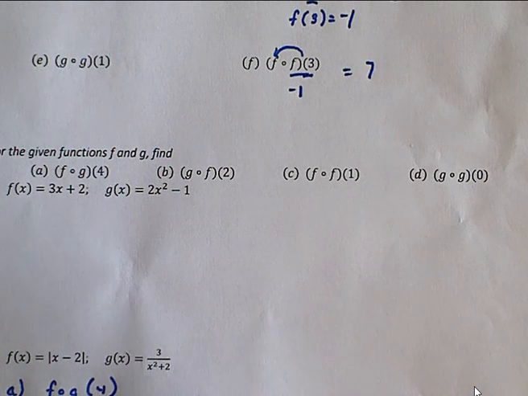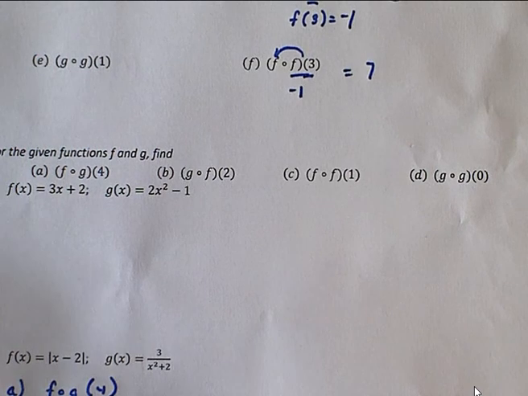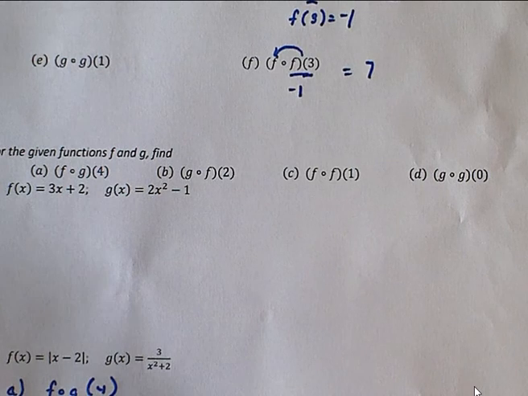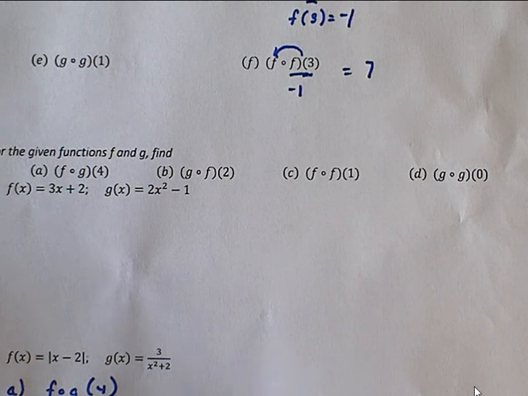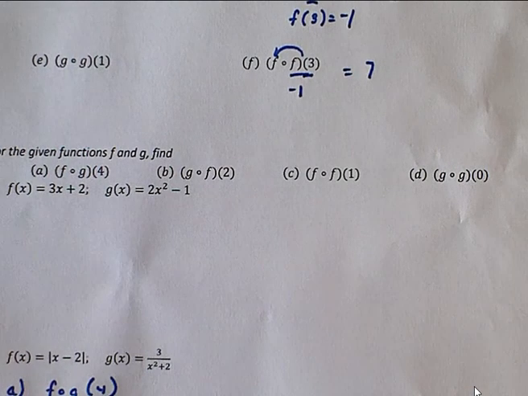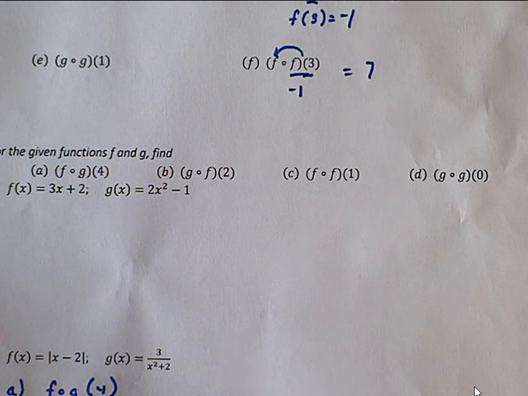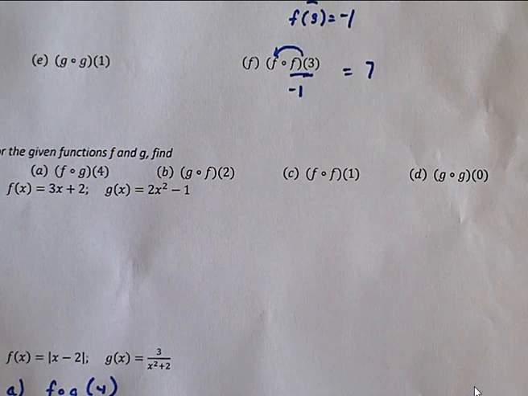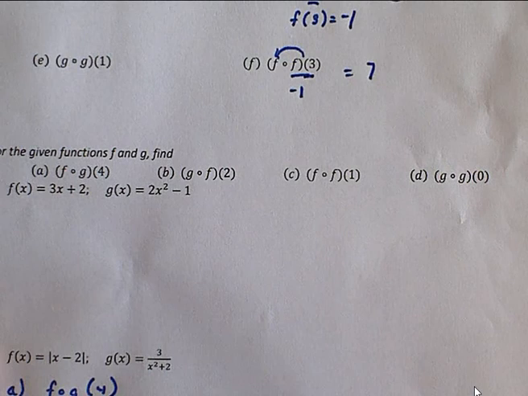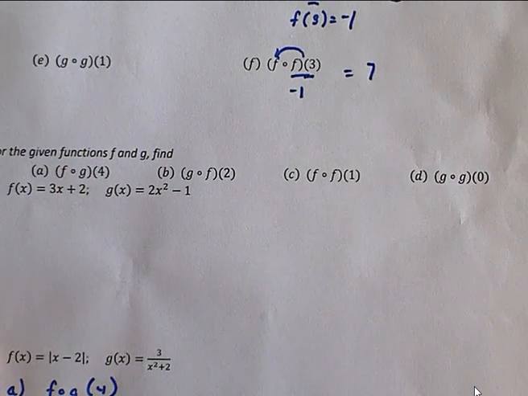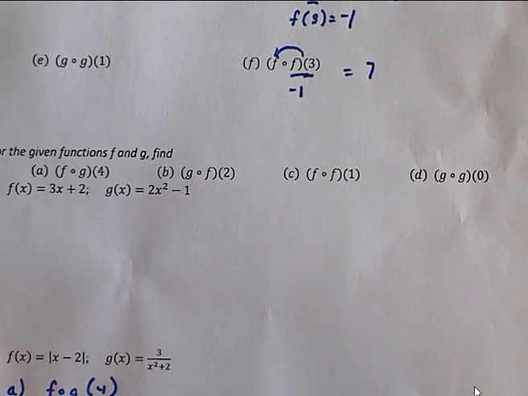You get 3 over 4 squared plus 2, which is 3 over 18, which is 1 over 6. Now, take that 1 over 6 and plug into F. So we're going backwards here, plug into the other one here. So F of 1/6 equals the absolute value of 1/6 minus 2.